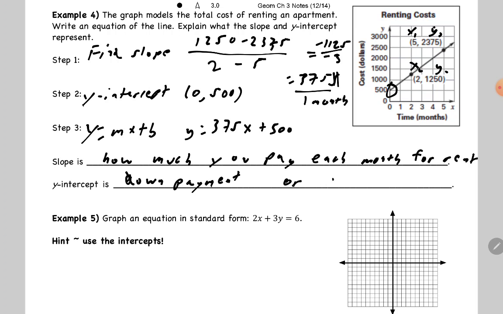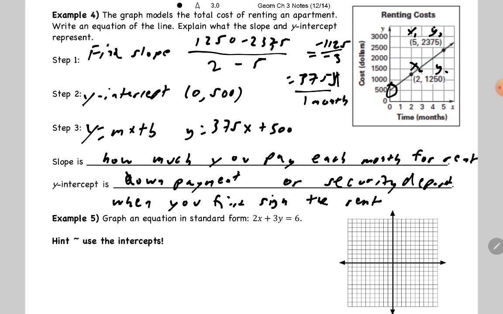They might call this a security deposit. And they usually do this when you first sign the rental contract.